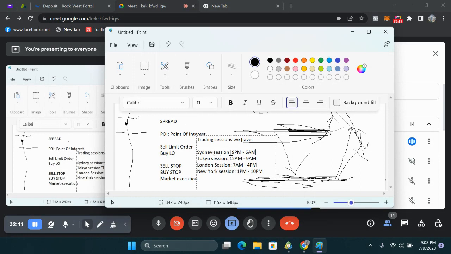As you can see, 9 p.m. to 6 a.m., and you are seeing the Tokyo session 12 a.m. to 9 a.m., automatically you see that there's about a 6 hour clash between the Sydney session and the Tokyo session. The clash between those two sessions tends to give more volatility. In fact, you can see trading opportunities.